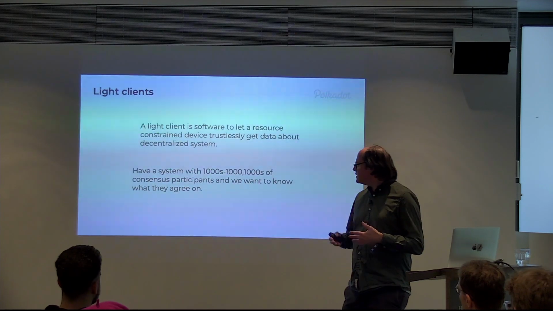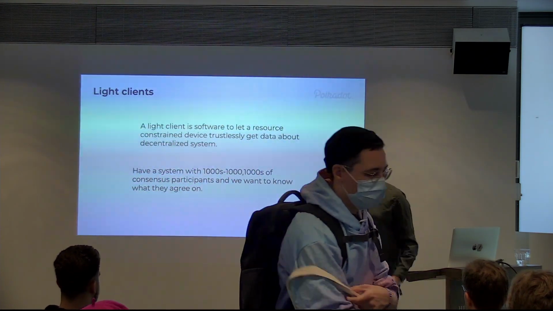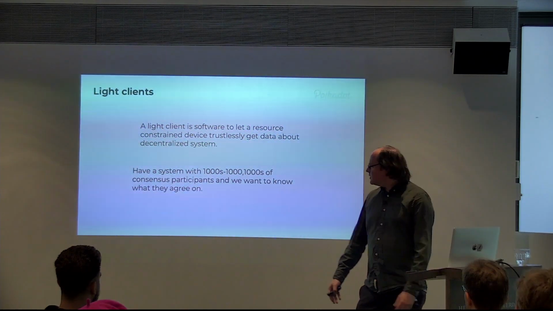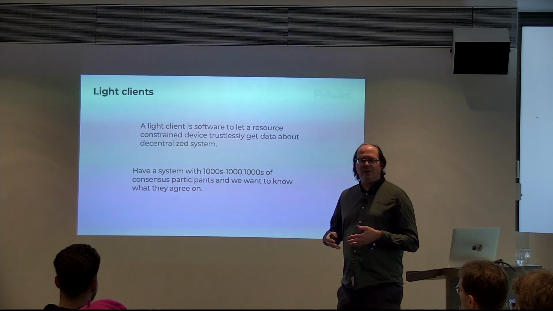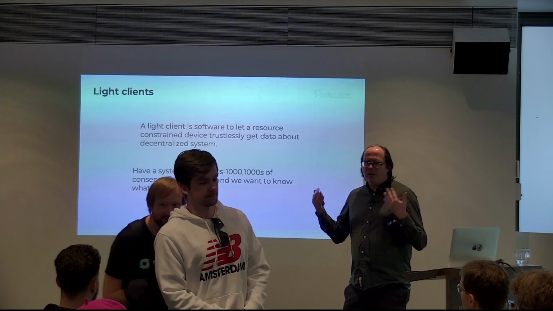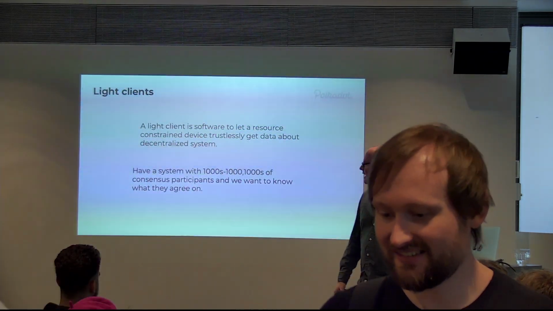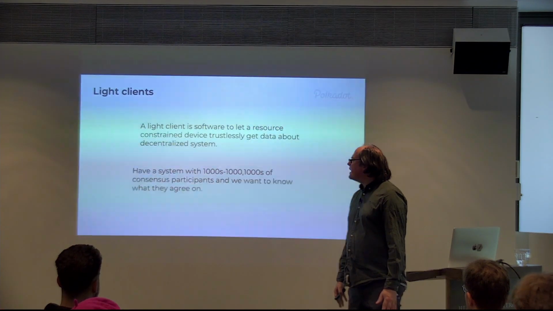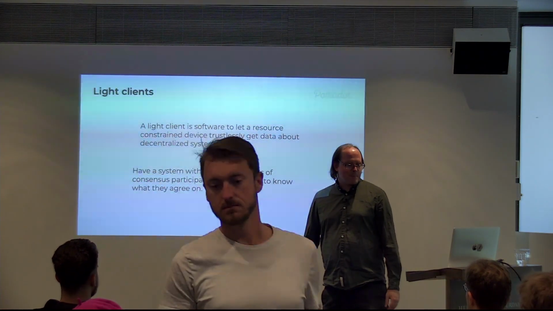Thinking particularly of proof-of-stake blockchains, we have things like validators, and we might have a lot of them. On Polkadot, we are aiming for 1,000, but Ethereum already has like 200,000 validators. It's not obvious how I can get a resource-constrained device to understand what these validators have agreed on.